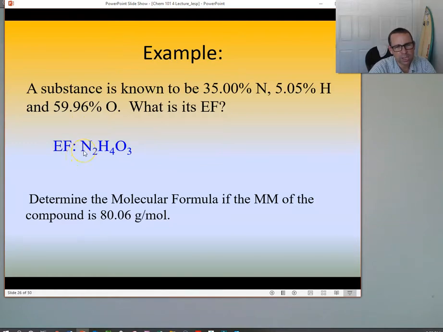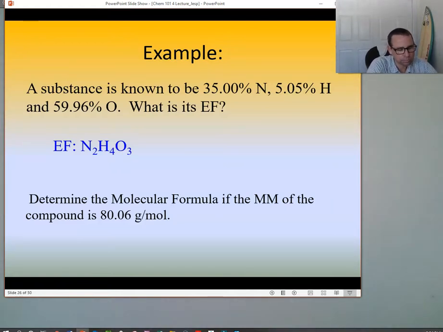Now, what's the relationship between the empirical formula and the molecular formula? Do you remember? The empirical is dealing with moles, and it's the simplest ratio, right? And so now we need to convert that to mass. That's right. We need to know the empirical mass. So you tell me the numbers and I'll add them up.